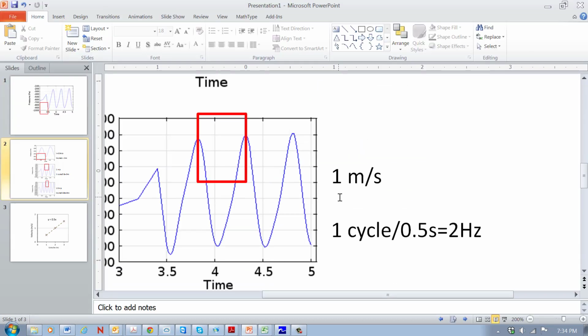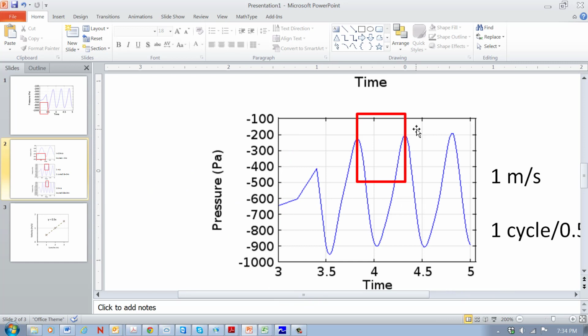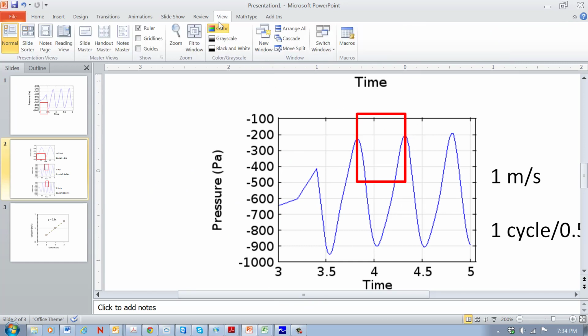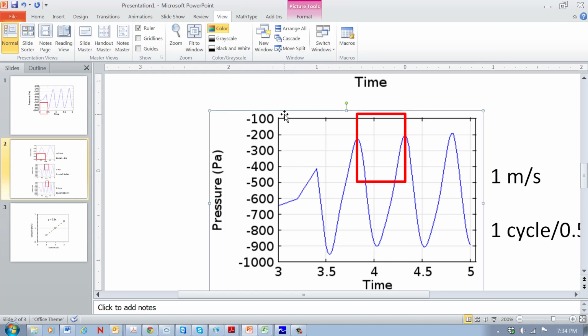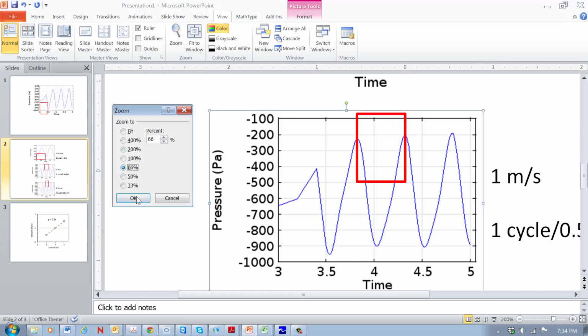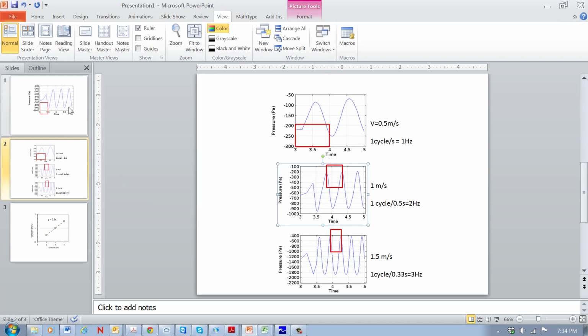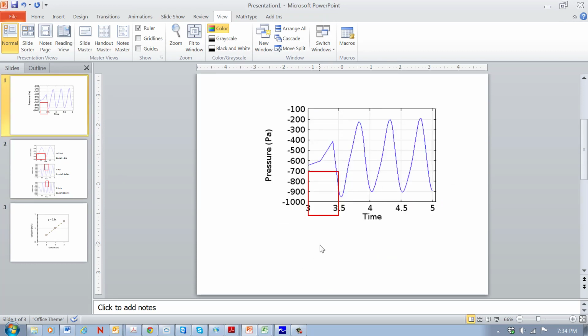And let me see, I'm going to just use PowerPoint in kind of the editing mode. So if I zoom out here, you can see a little bit better. This is just the PowerPoint slide. So this is just pasted in there from Comsol, and then I draw in this rectangle. And what I want to do is get the period, which is the length of time for one wave.